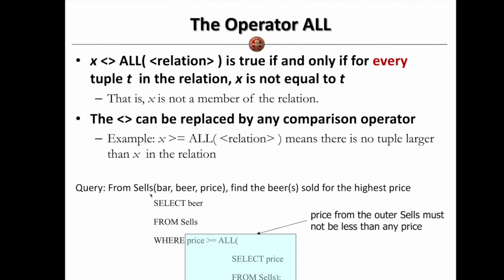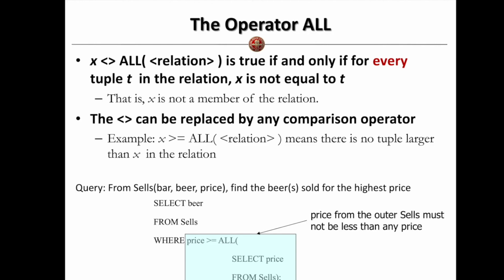We can use sales S1, sales S2, and then do some comparisons. However, here we can do it in a much simpler way. When we see a question like this, the first sub-question in our mind will be, what is the highest price appearing in this sales table? What is the highest price?